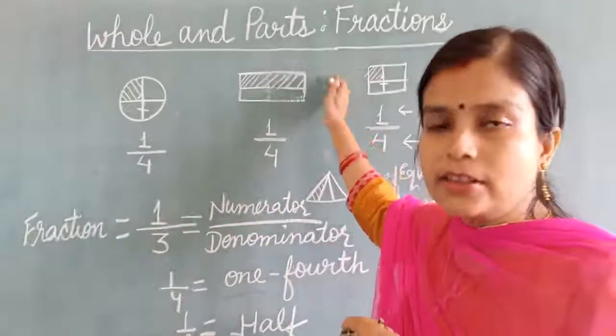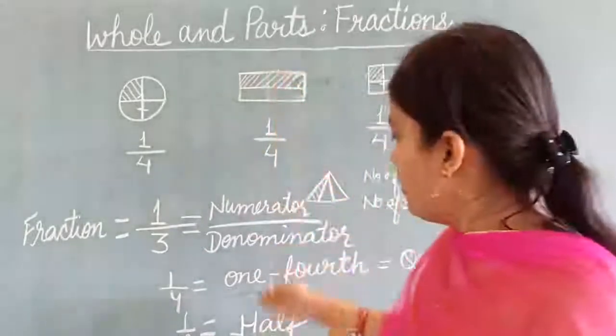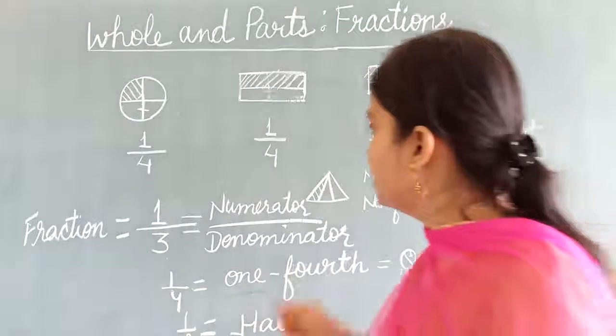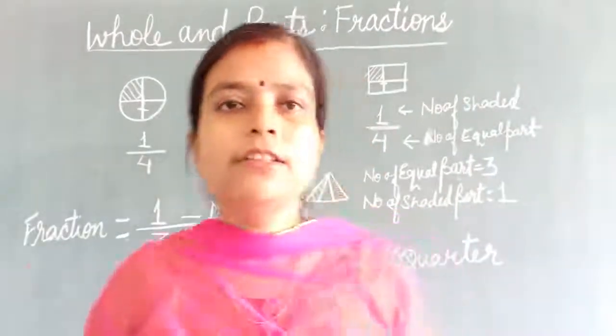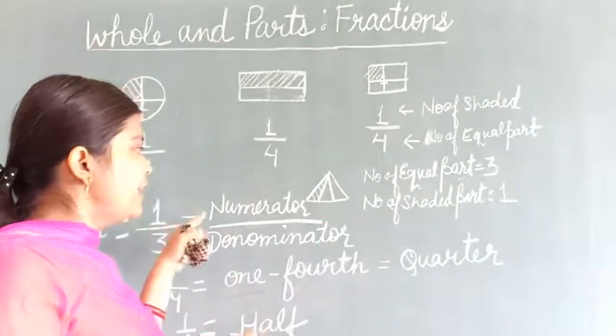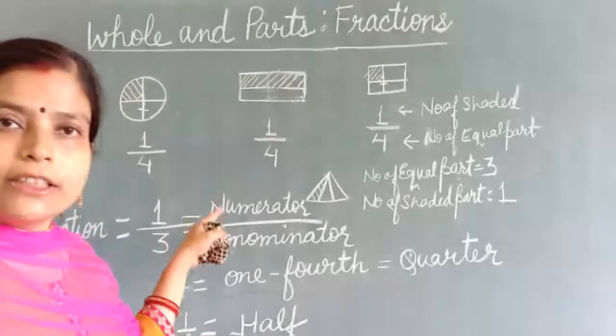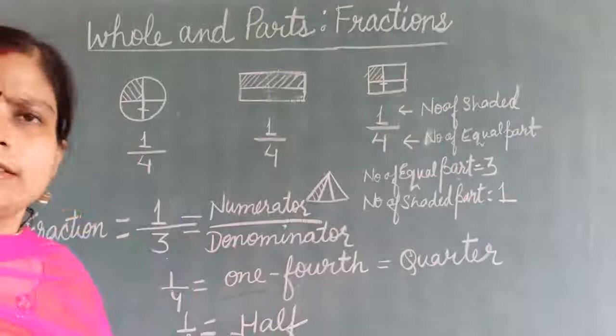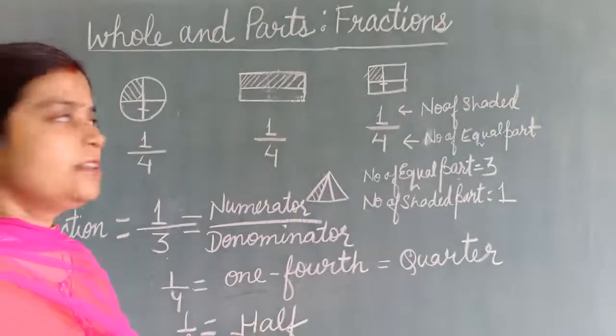Half of the whole is shaded. So 1/2 is a half. So now you can write fractions. Okay, you can find what the numerator is, what the denominator is, and you can write in words also. Thank you, children.